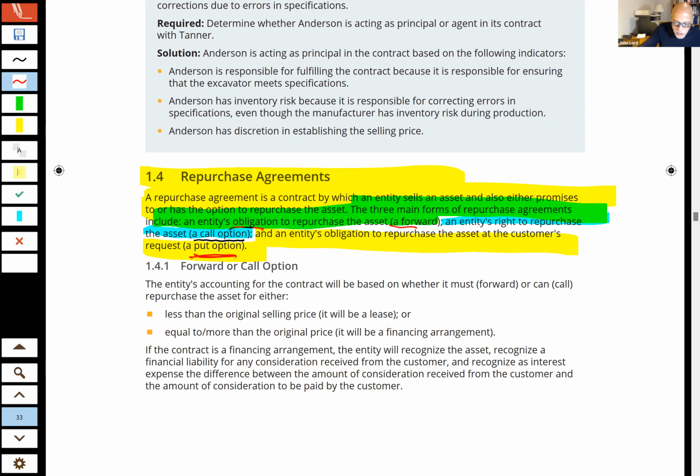Now, if it's a forward or a call, meaning I either have the option or I'm obligated to repurchase that, the entity's accounting for the contract would be based on whether it must or can repurchase the asset for less than the original selling price. If it's less than the original selling price, it will be a lease, and we cover leases in Chapter 5.